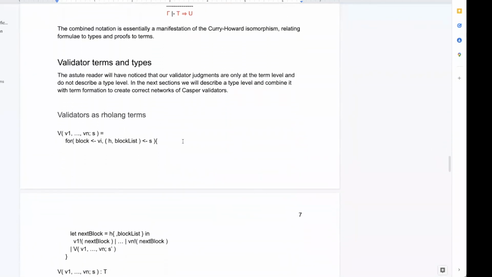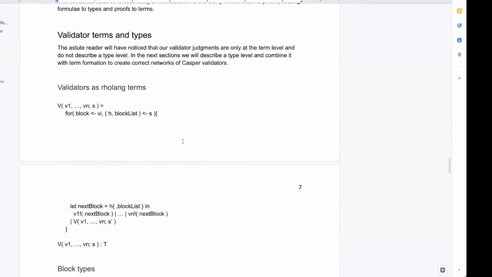So what kind of things are we looking at? The validators, when expressed as Rholang terms, will have a shape that looks roughly like this. A validator V is going to, let me slightly modify this notation.